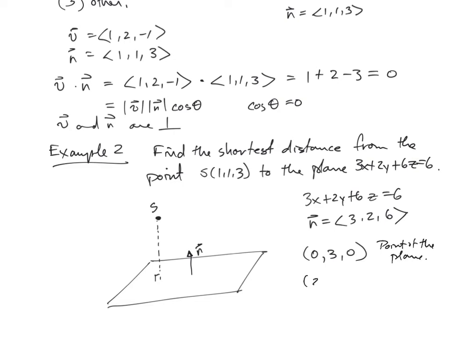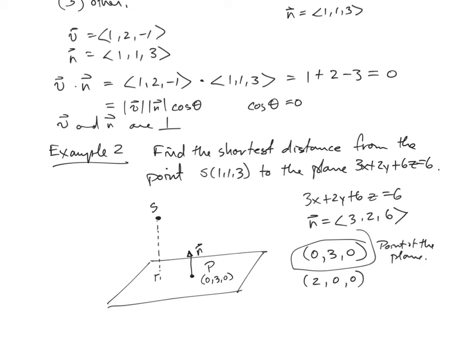Well, how about 2, 0, 0? Would that point also satisfy that plane equation? Yeah, 3 times 2 plus 0 plus 0, 6 is equal to 6, right? So I could choose any point on this plane. Okay, I'm just going to choose the first one here. Doesn't matter which one I choose, 0, 3, 0. And let's say that I'm going to put that guy right there, where my normal vector is. 0, 3, 0. This is a point on the plane.